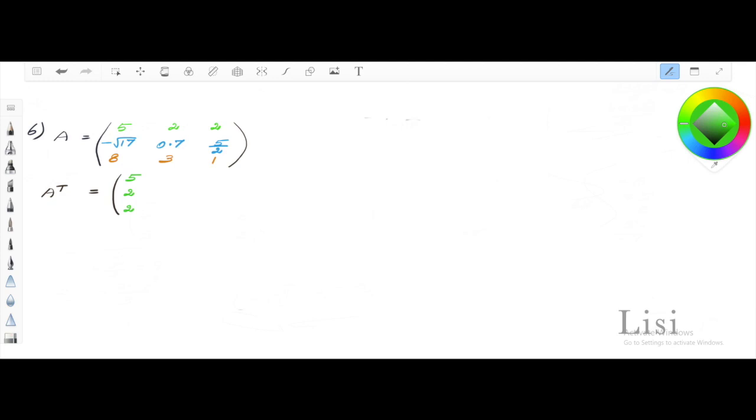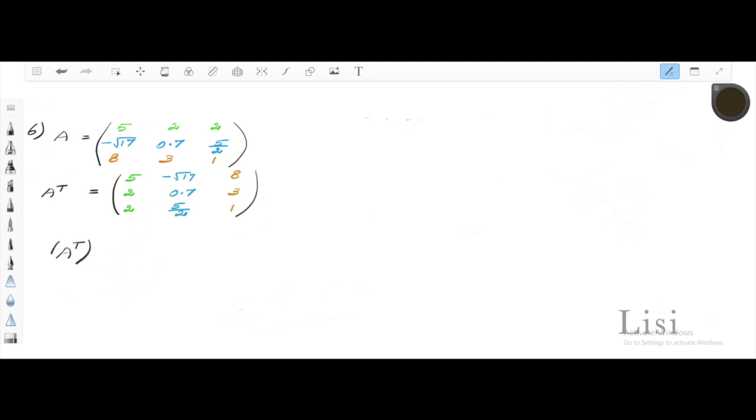Next, blue color: minus root 17, 0.7 and 5 by 2. Next, 8, 3, 1. This is A transpose. Next, we have to find A transpose B whole transpose.